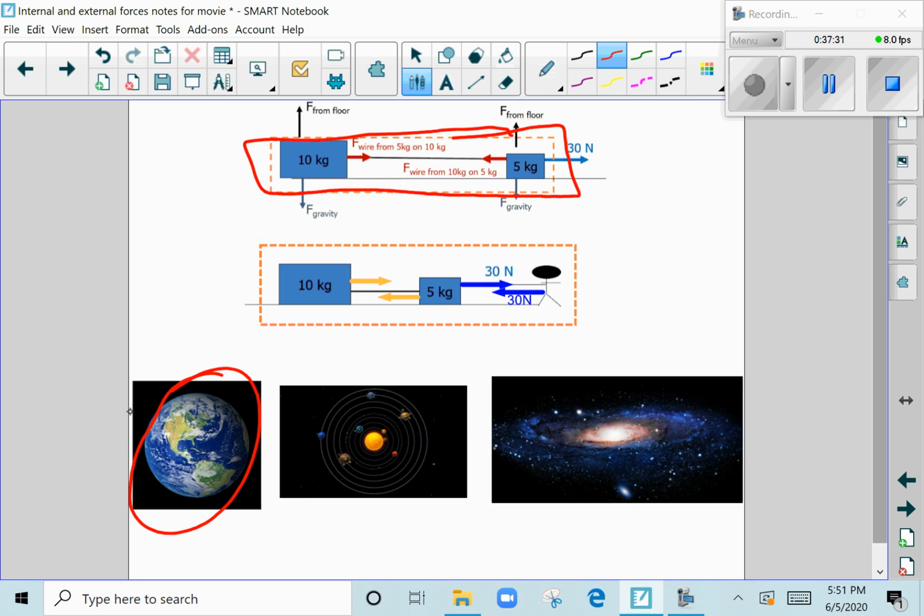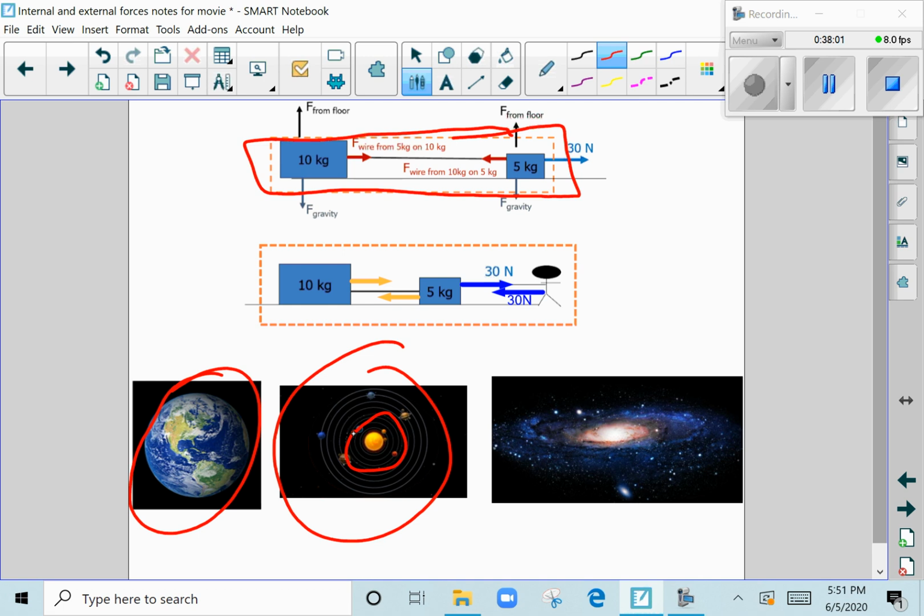That's why as you're walking across the road, you don't actually alter the rotation of the Earth around itself, because all those forces are internal. Likewise, the force of gravity from the sun does alter the Earth's movement. So we have our solar system, and the force of gravity from the sun is in fact an external force on the Earth, causing the Earth to move in a circle.